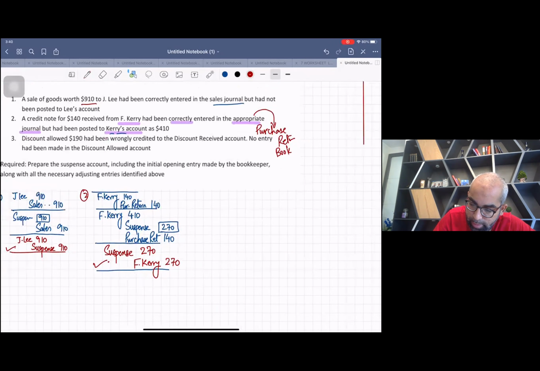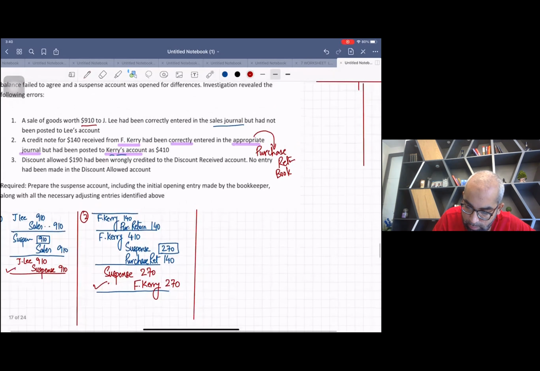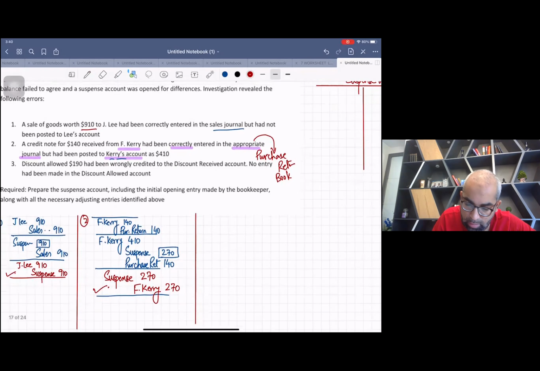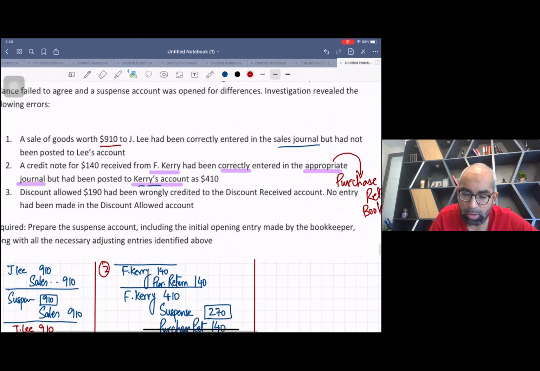Now the last error. This is the famous entry again, discount allowed of 190.